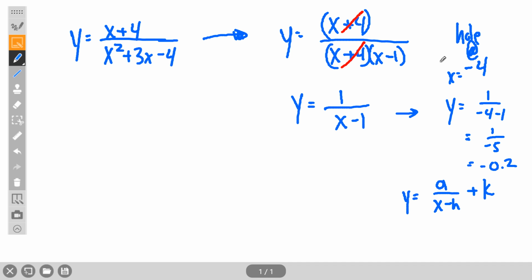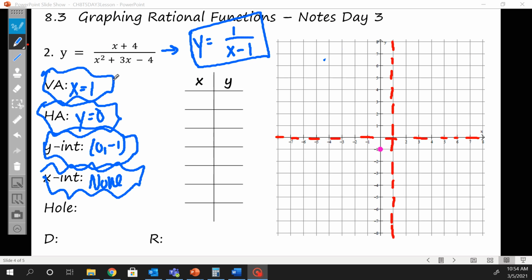So the ordered pair is negative 4 comma negative 0.2. And that's the hole. Remember that there's nothing technically there, so if I put it on here, negative 4, negative 0.2, it should be open like this. There's nothing there.